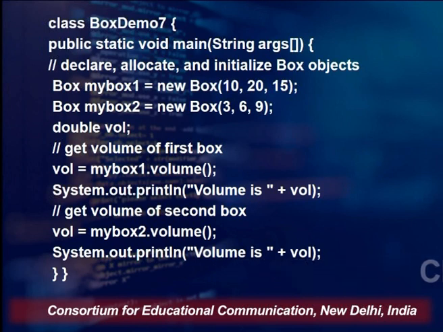So I write Box mybox1, the name of the first instance, equals new Box, and when I say new Box with something in parentheses, that means here is a call to that particular constructor, and using that constructor an object named mybox1 is created, whose dimensions are 10, 20 and 15.